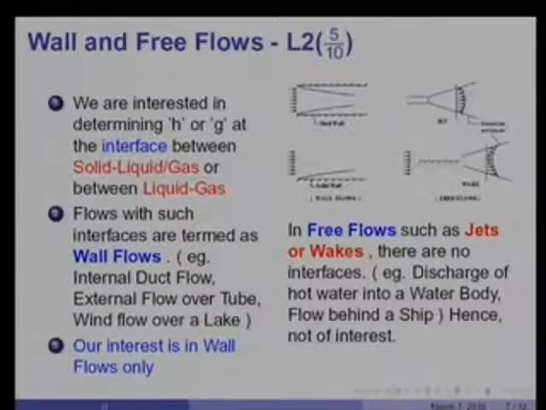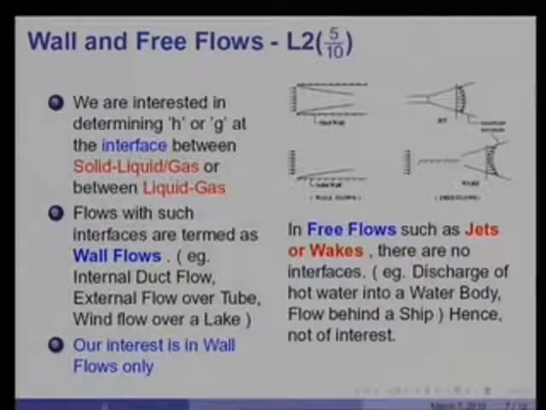Another important consideration is wall flows and jet and free flows. Remember, we are interested in determining h and g at the interface between a surface and a fluid flowing past it. The surface may be solid or liquid, and the fluid flowing past it may be liquid or a gas.